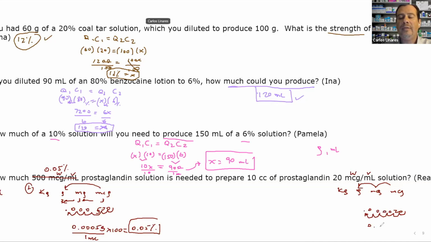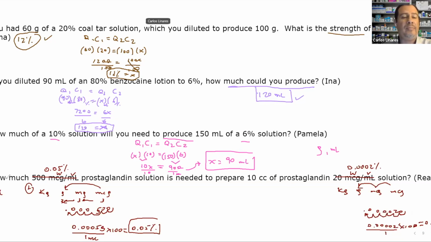Okay, so now this becomes 0.000020 over 1 times 100. This becomes 0.002%. So now we know that this is 0.002%.